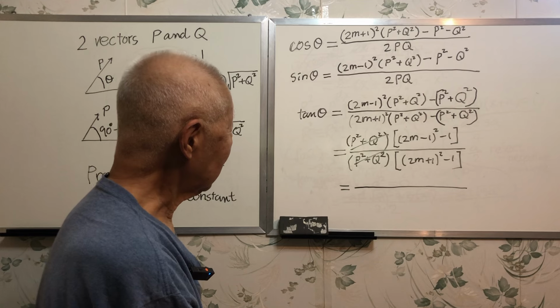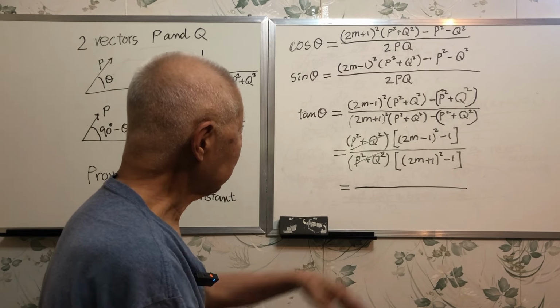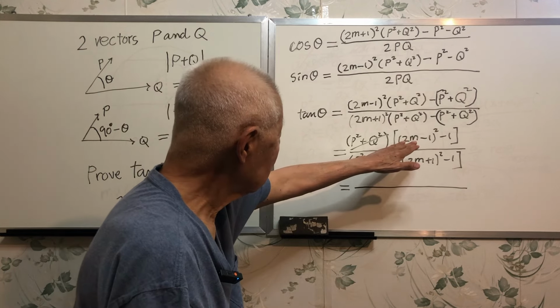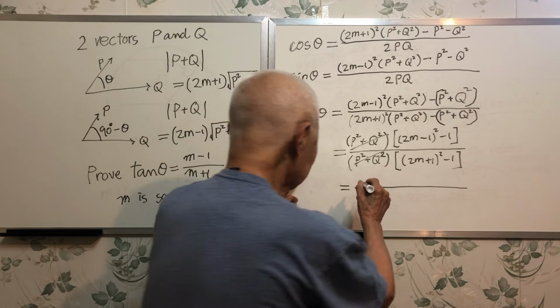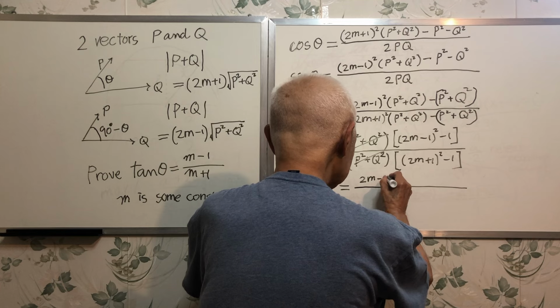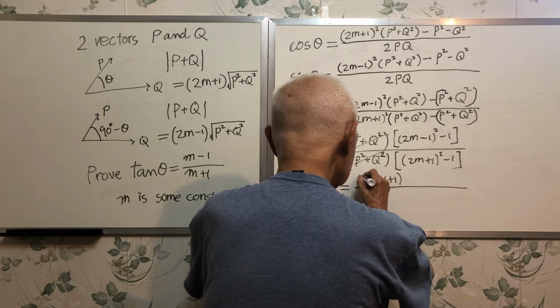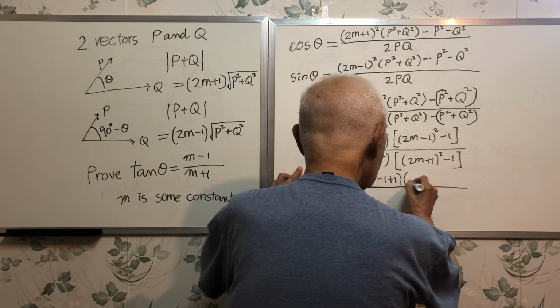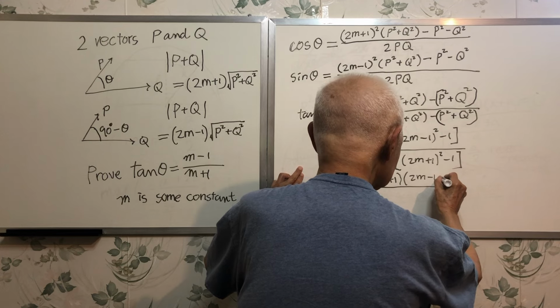So I have, I can factor this out. This is a squared minus b squared. So I have 2m minus 1 plus 1, 2m minus 1 minus 1.